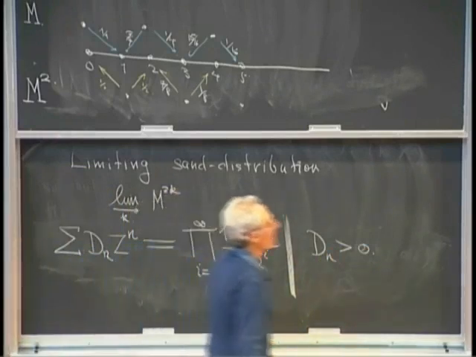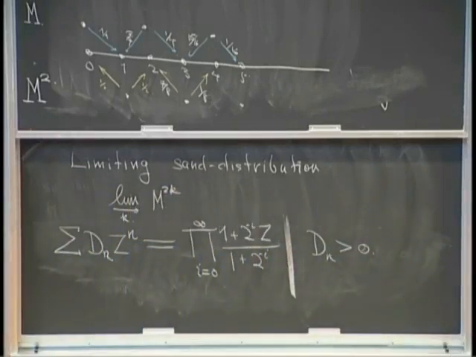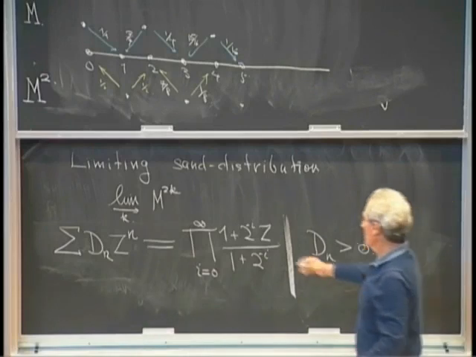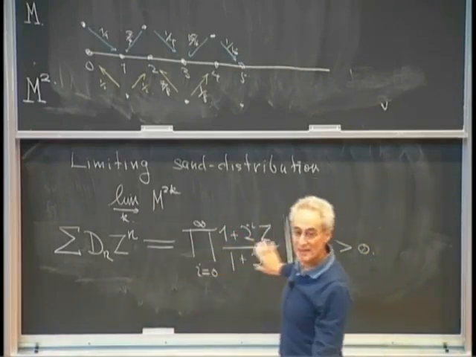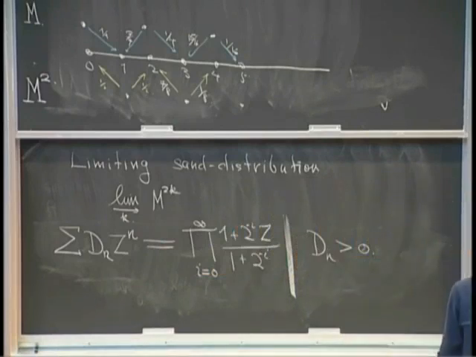Oh, the nth coefficient of this generating function, which you get by expanding this out, which I will never write. I mean, there are formulas, but okay. So this depends on the beginning.